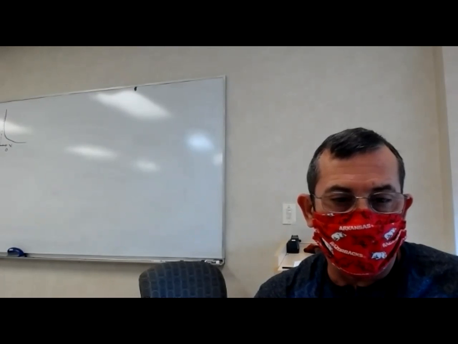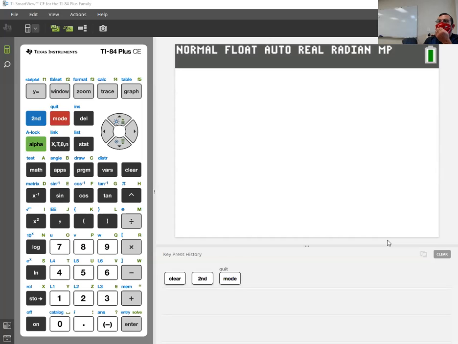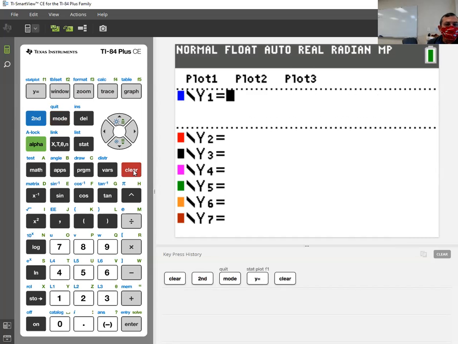All right, so let me go back and share this screen now. All right, so I'm gonna go to y equals and clear this one out. Now, I only had one part on top, which is 3, so I don't need parentheses for it.